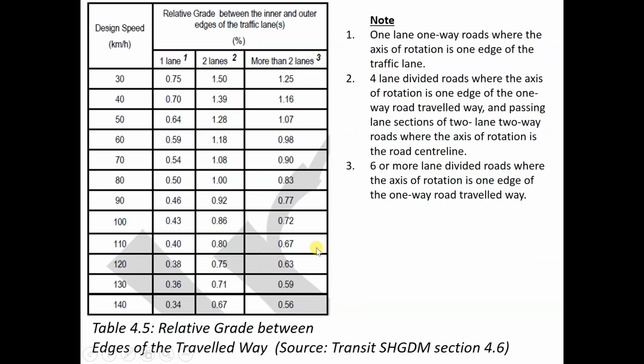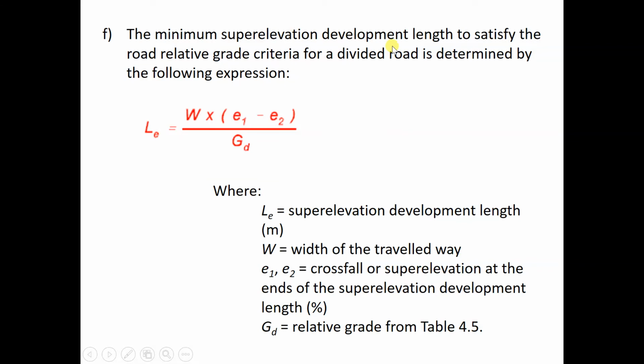The other one is for a divided road, based on the relative grade of the two edges. That one, G is the relative grade from table 4.5. So that one we'll have a look at later on.